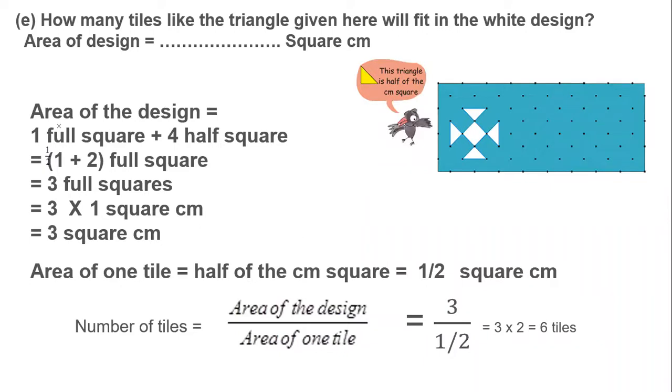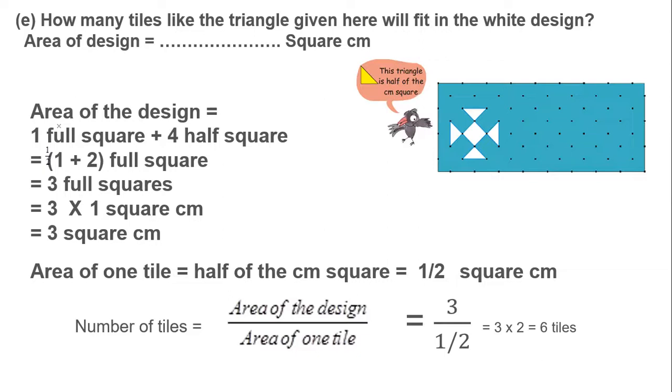There is one design mentioned. What can you say about the area of the design? Three square centimeters. This is one full square, and the sides are exactly half.